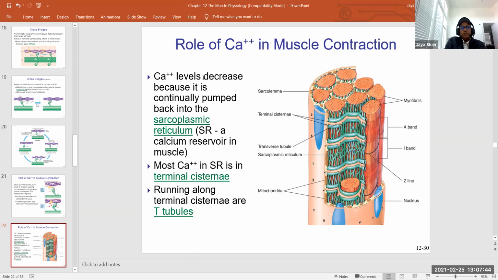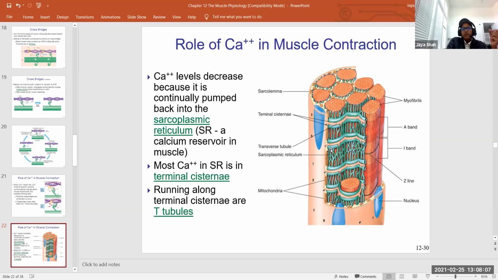So calcium level decreases because it is continually pumped back into the sarcoplasmic reticulum, which is a calcium reservoir in muscle, and most calcium in the sarcoplasmic reticulum is in the terminal cisternae, in this dilated part of the sarcoplasmic reticulum.